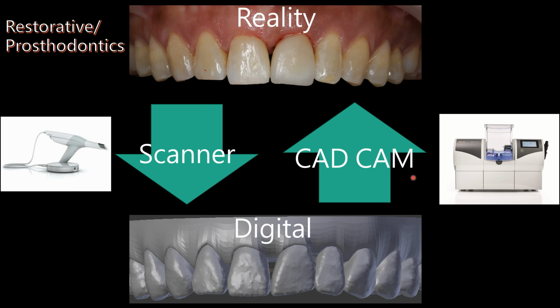We use CAM to deliver the digital information into reality, like using a CEREC or any kind of milling machine. So this is the cycle we follow in restorative dentistry and prosthodontics. We scan and make it in the digital world, and we use CAM to go back to the real world. So this is the cycle.